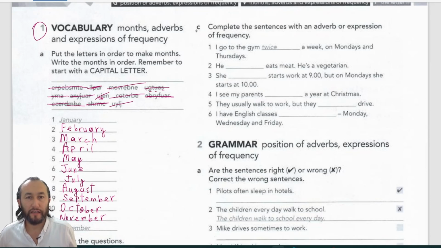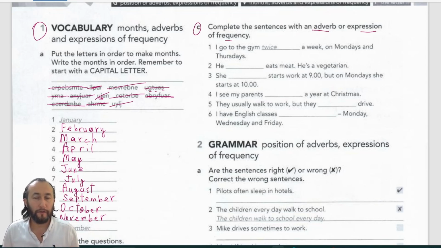Right, exercise C is asking us to complete the sentences with an adverb or expression of frequency. So we've got adverb of frequency and expression of frequency. So what is the difference? Adverbs of frequency are words like sometimes, usually, never, always, often, right?